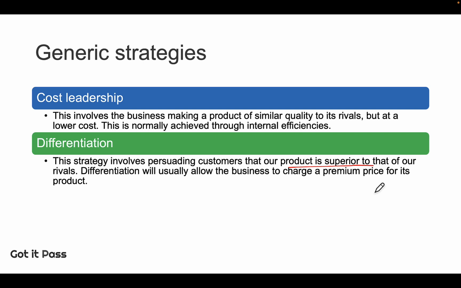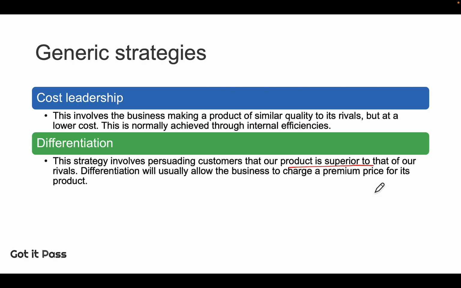An example in the motor industry: if you say Toyota is the brand seeking cost leadership because of the internal efficiencies of the Toyota production line, then differentiation will fall into, say, Mercedes-Benz, because Mercedes-Benz produces cars with superior quality to Toyota, with a better engine, better quality of leather in the cars, or better design.